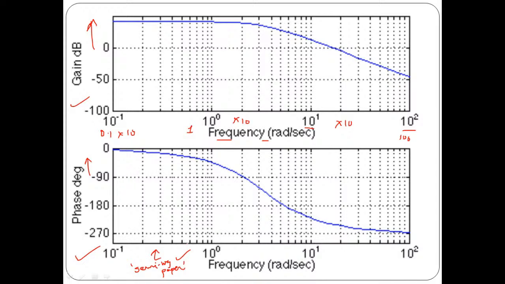So please take your pen and paper and try to draw this rough sketch of the magnitude plot followed by the phase angle plot.